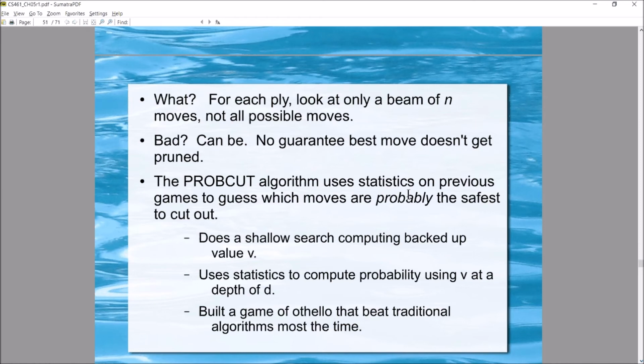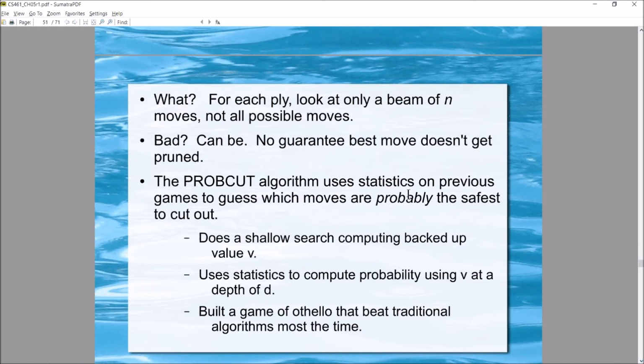Now, there's an algorithm that takes this approach that the book doesn't go into too much detail on, but it's mentioned just to give you an idea what they're talking about. The ProbCut algorithm. What that does is use statistics on previous games.